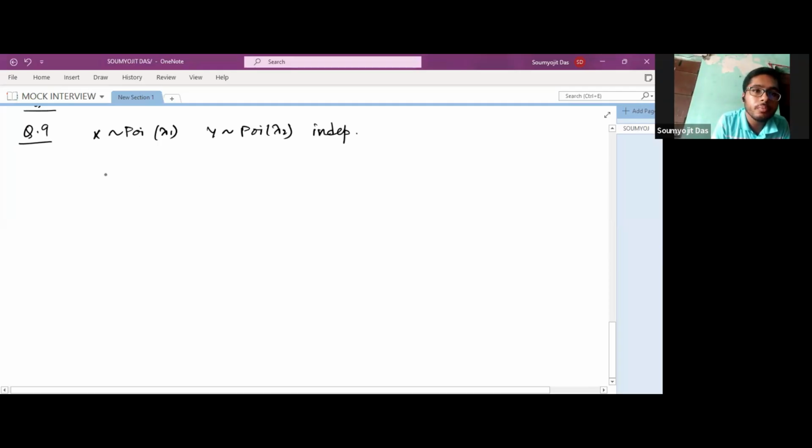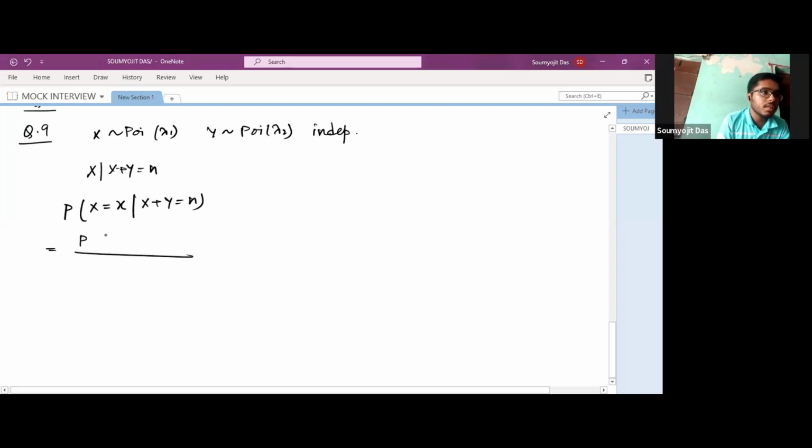Sir, x plus y equal to n. Okay. We shall start with the probability x equal to x given x plus y equal to n. We can break it down as probability x equal to x intersection x plus y equal to n, and in the denominator, x plus y equal to n.